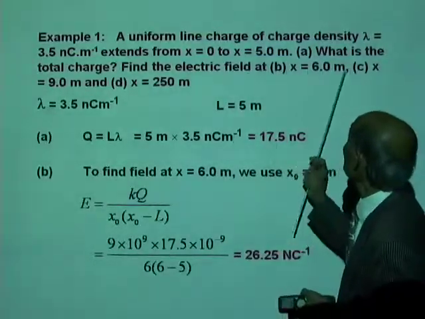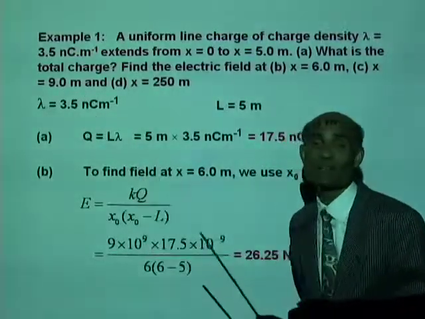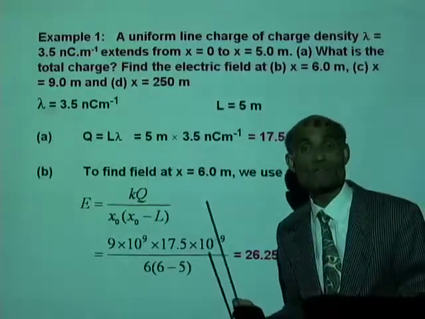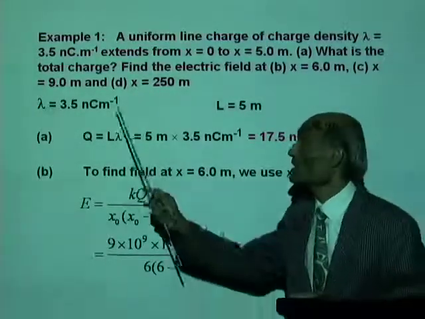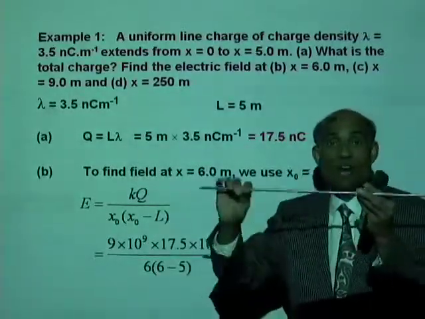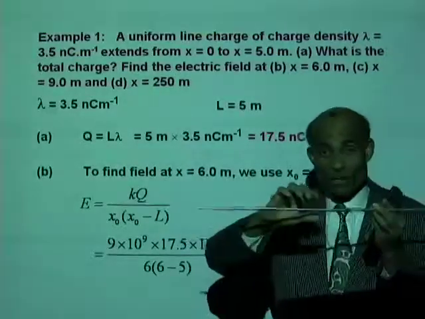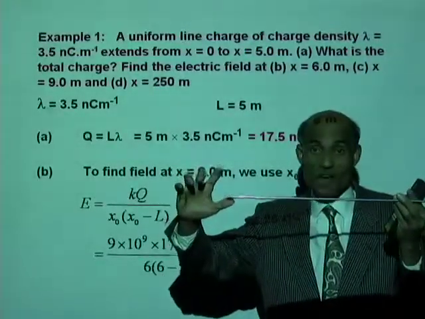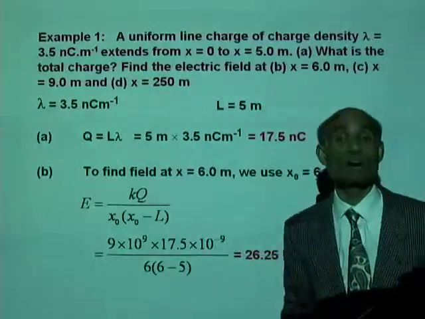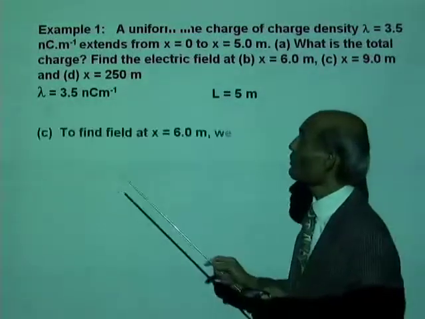In the next case, we need to find the field at x equal to 9 meter. Now, can we use the approximate formula there? No, 9 meter is not too far from a charge of length 5 meter. The length of the charged object is 5 meter, so 9 meters from one end is not very far. We still need to use the exact formula.